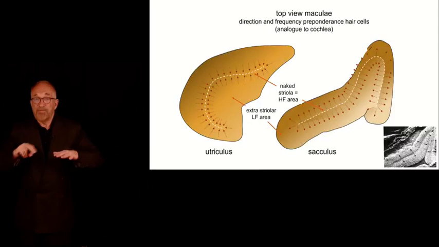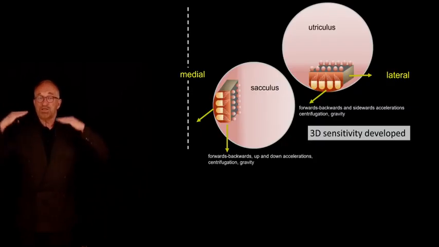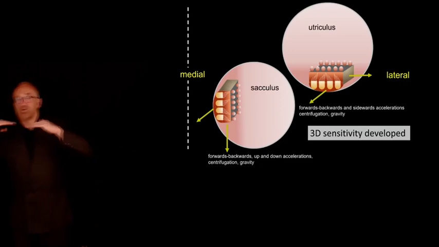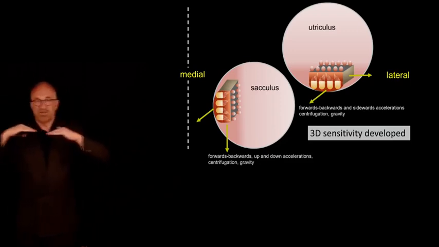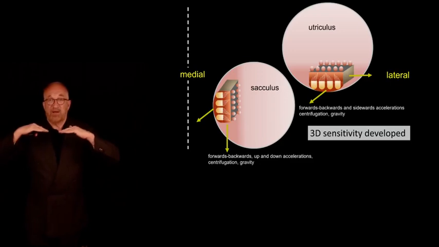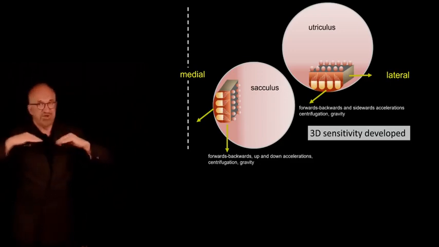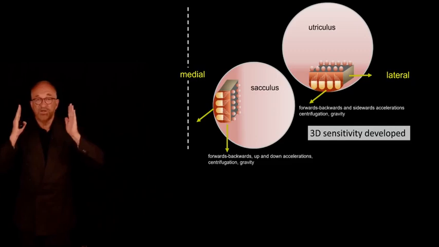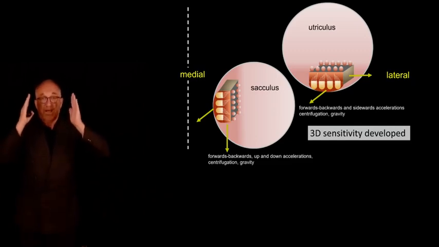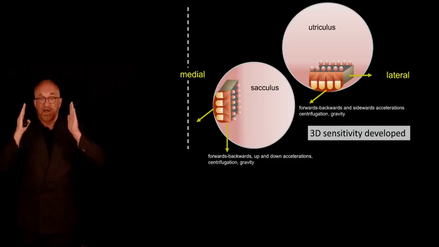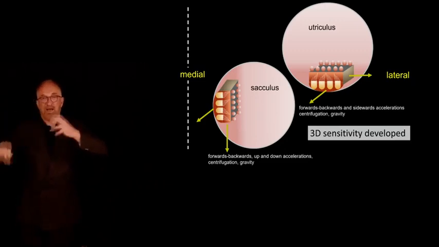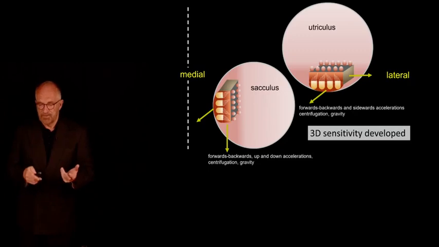Now, roughly spoken, the utriculus is in the horizontal plane, so sensitive for this kind of translations and tilts and centrifugations. And we have the sacculus that is more in the vertical plane, so in elevators and forward and backwards. And together they have a 3D sensitivity.